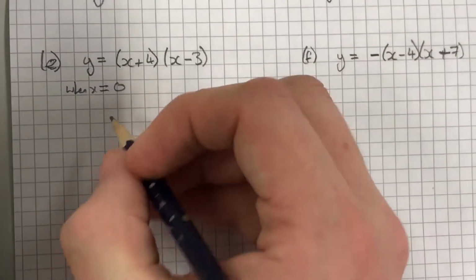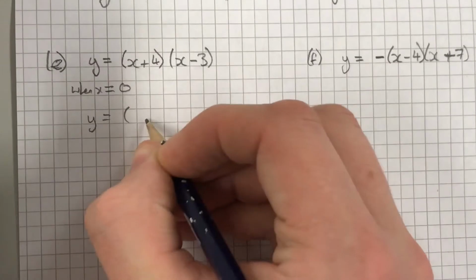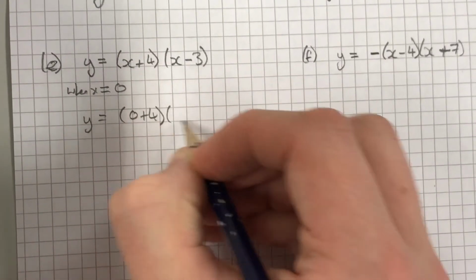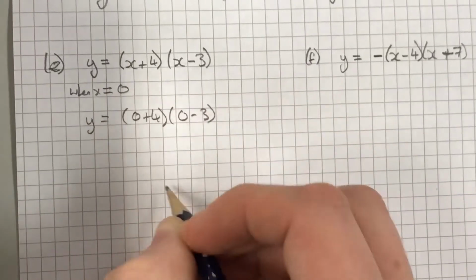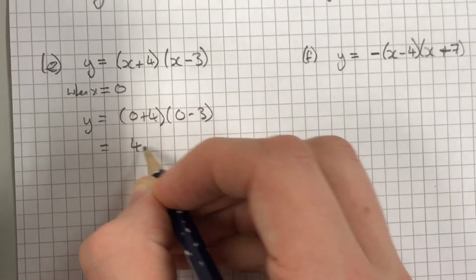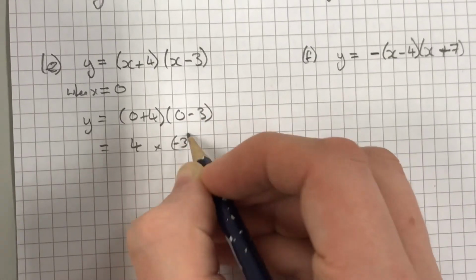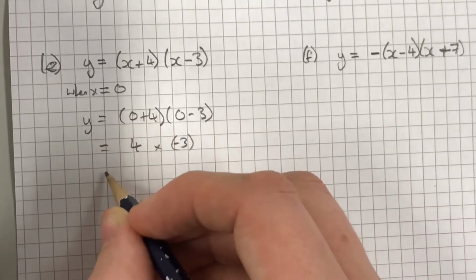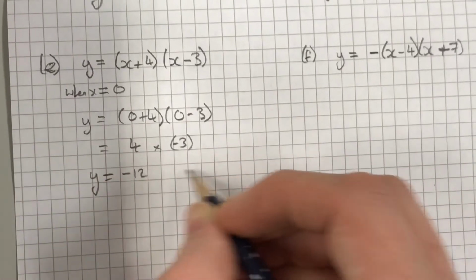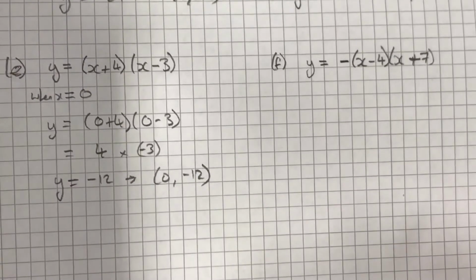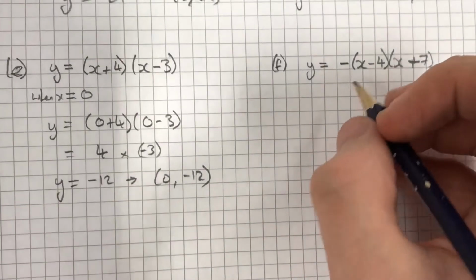So when x equals 0, y equals, again, put 0 in for the x's, (0 plus 4) times (0 minus 3). 0 plus 4 is 4, times 0 minus 3 is negative 3. 4 times negative 3 is negative 12. So (0, -12) is our value of c this time, or our y-intercept.